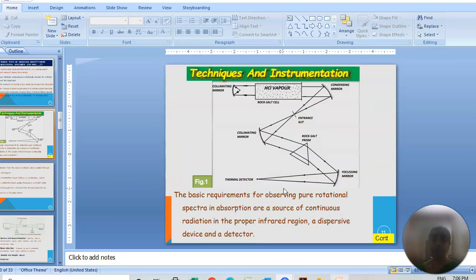Next we can see the techniques and instrumentation, mainly the microwave spectrometer. Here we have the simple collimator.